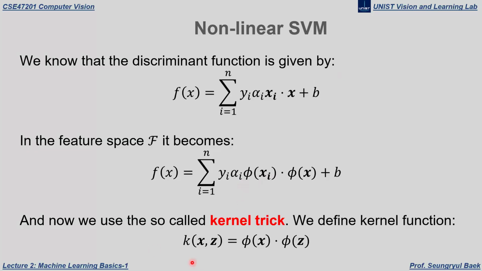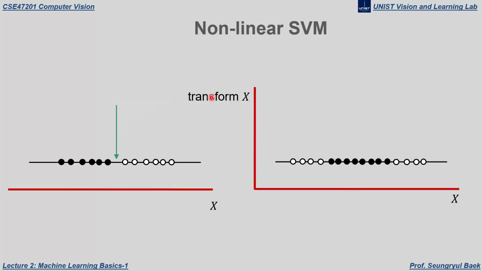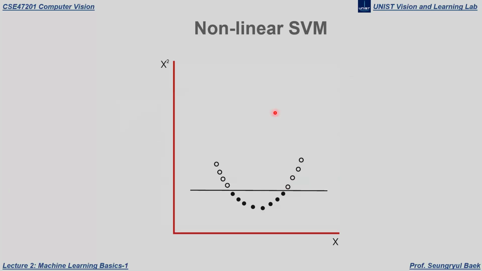We define the paired kernel function. The kernel function's input is always two vectors, and it returns just one value that defines the distance between these two vectors. This Gaussian RBF kernel is one of the kernel functions, and there are plenty of many kernel functions. They map the original features into nonlinear space and give us this type of possibility.